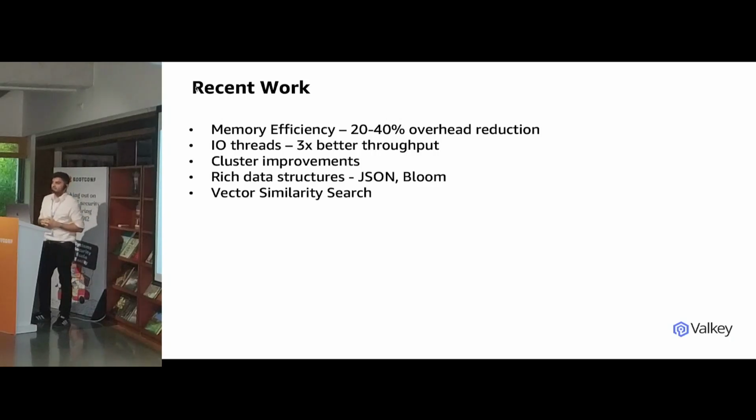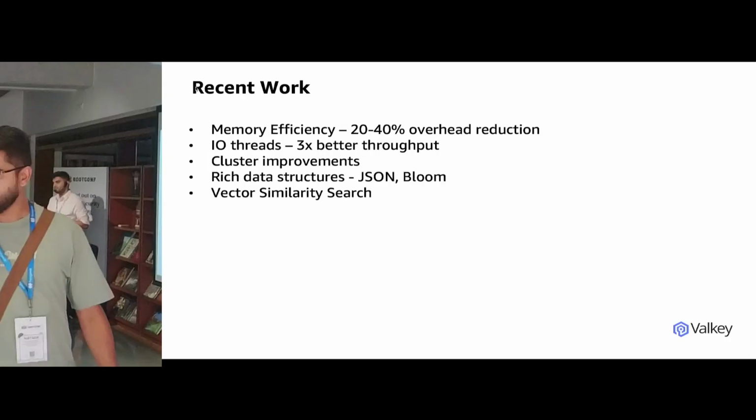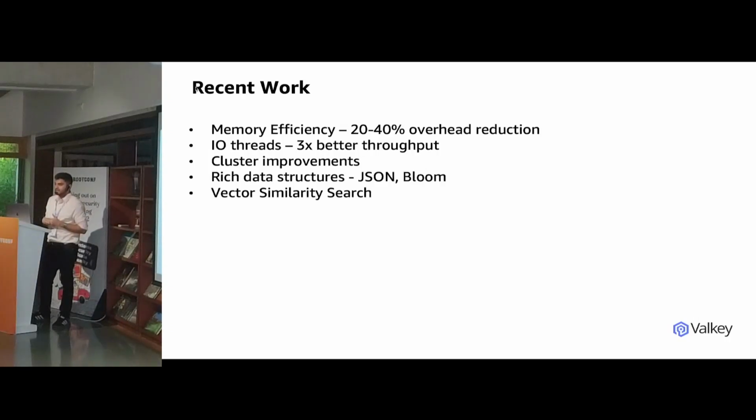The key insight was that there were a lot of pointers taking lots of memory overhead per key value pair. And the idea was to pack data all together into a single block of memory and reduce the overhead. With Valkey 8.0 and 8.1, we were able to reduce memory utilization by 20% per release.